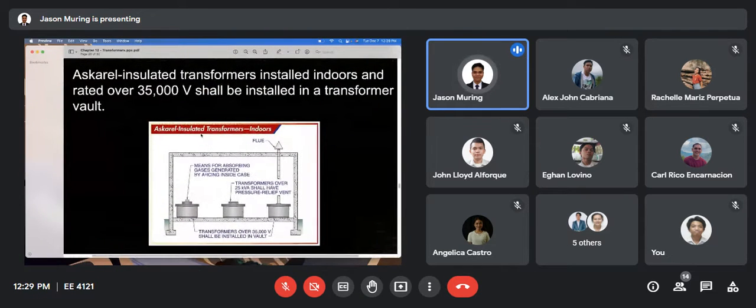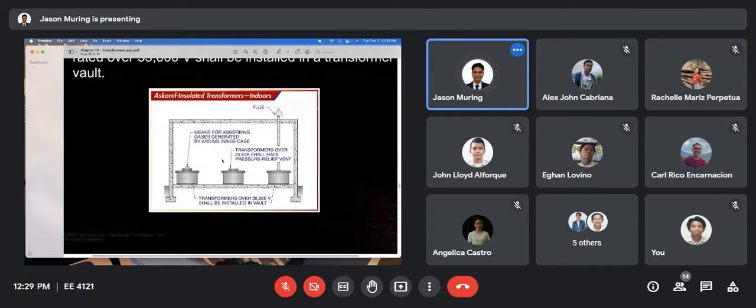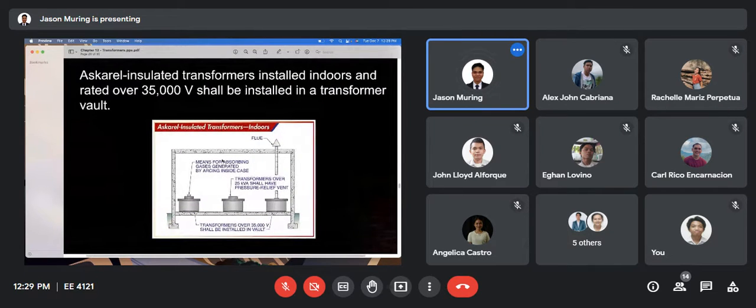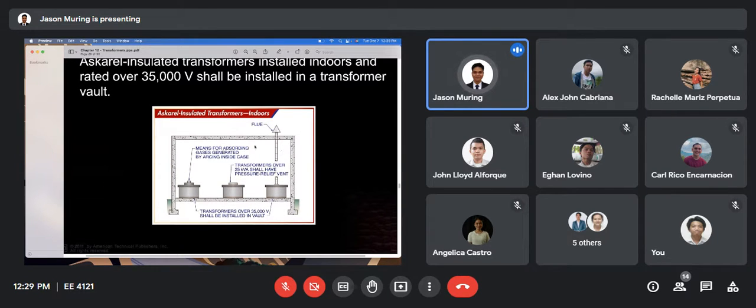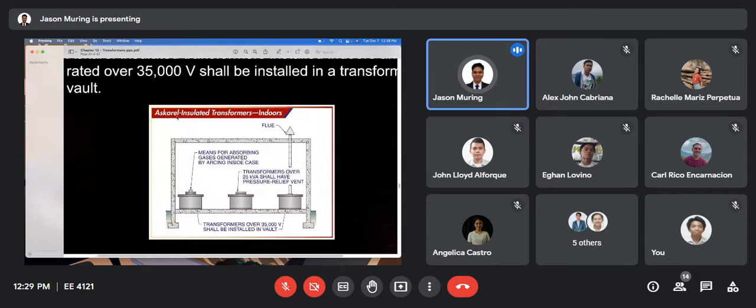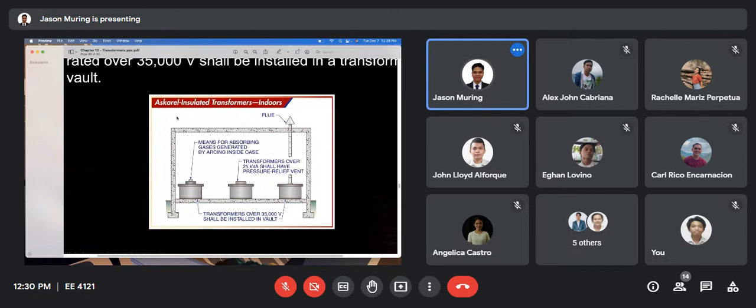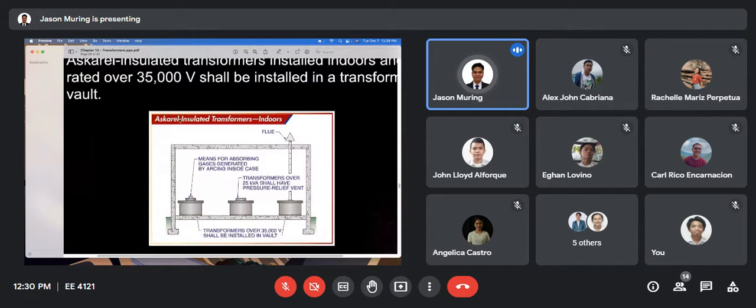Then we have here an Askarel insulated transformer. So there are these requirements that we have to follow. Okay, so if this is an Askarel rated over 35,000, it should be installed in a transformer vault like this, because actually the Askarel transformer, I think right now, is already banned for most applications in transformer insulation because this is considered to be carcinogenic.